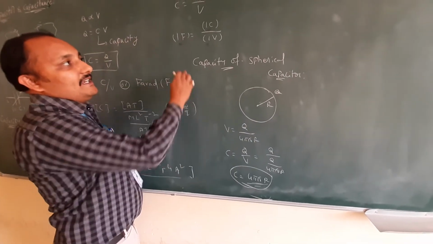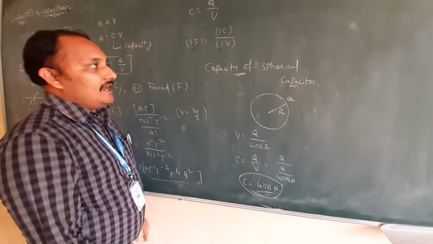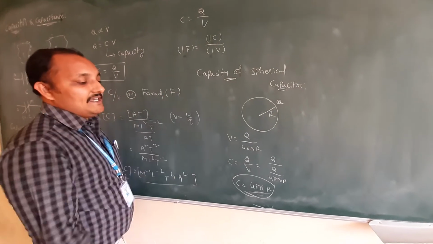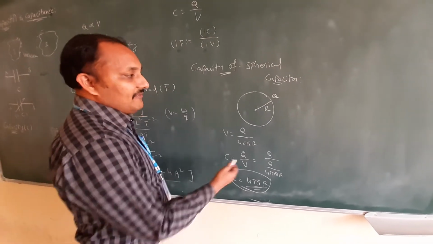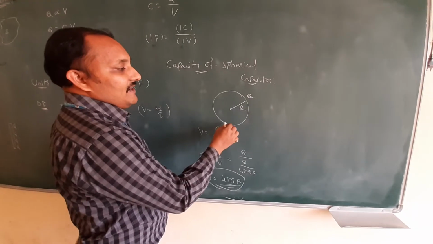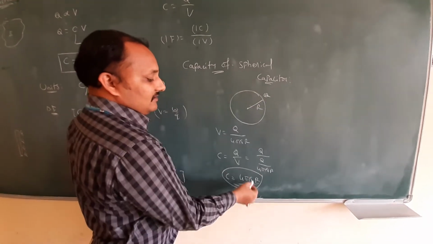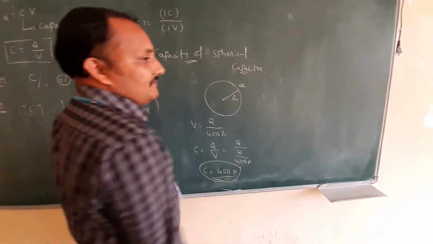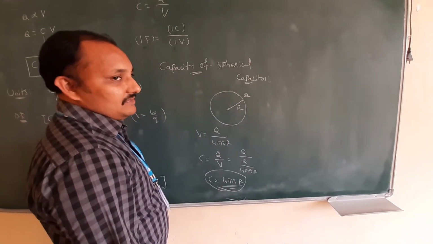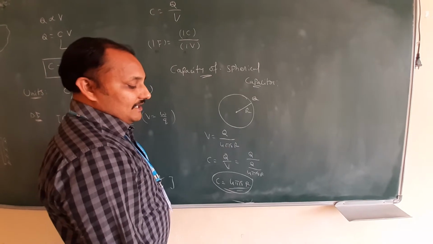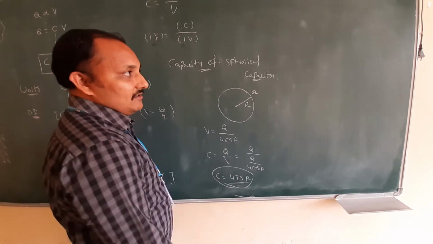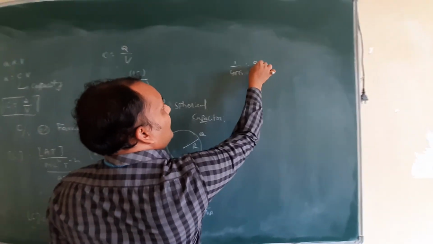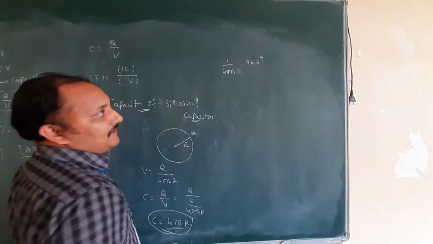So always we will take capacity as microfarad, millifarad, nanofarad. Why? Because the value of 1 farad is very large. Why are we saying 1 farad is very large? If you take the capacity of the earth, what is the value? We can substitute the R value, the radius of the earth, 6,400 kilometers, and the 4 pi epsilon naught value: 1 by 4 pi epsilon naught is 9 into 10 power 9.